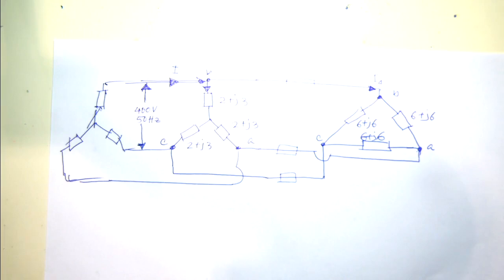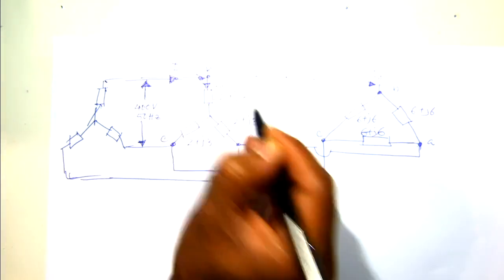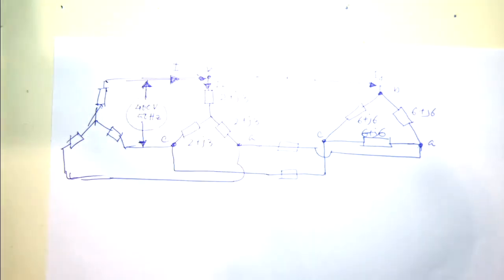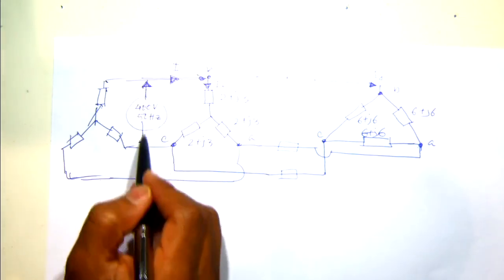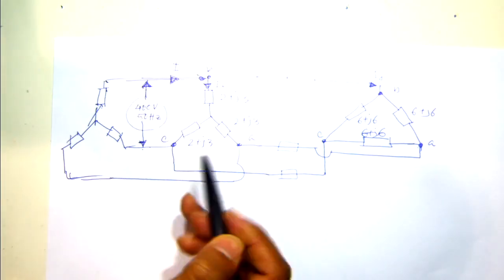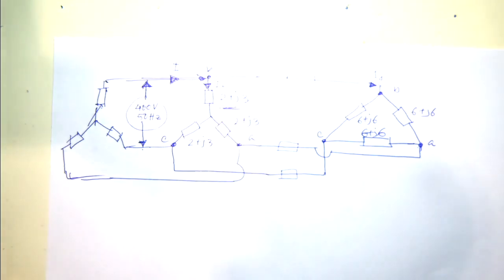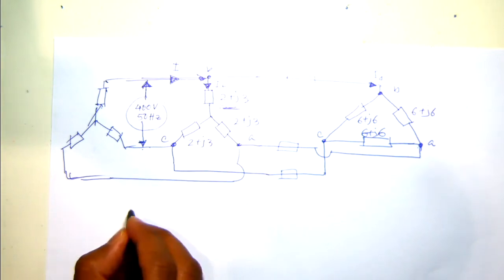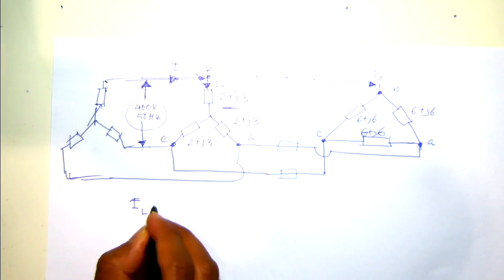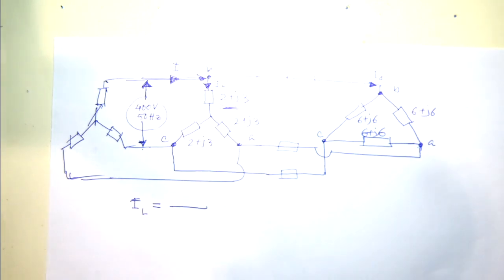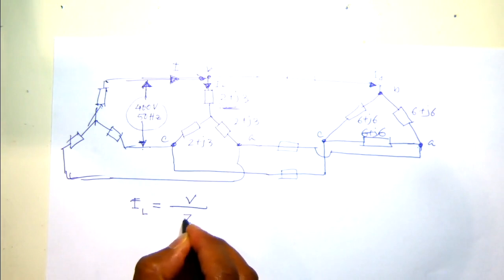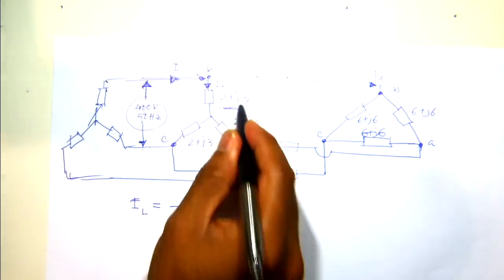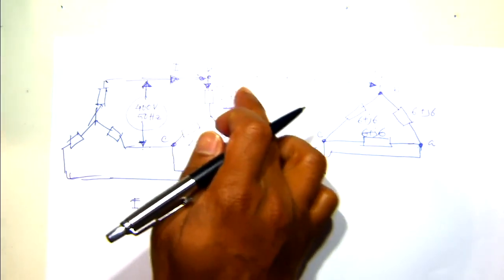Because we need to know this line current, what is given here is the voltage and the impedance. We know the voltage between these two terminals, the line-to-line voltage. And we know the phase impedance. Now we need to calculate this current IL. If I write an equation, IL equals V over Z phase, meaning Z only for this phase.